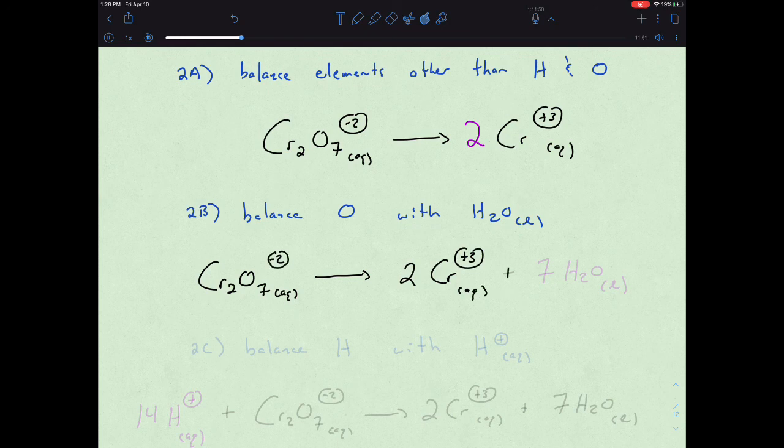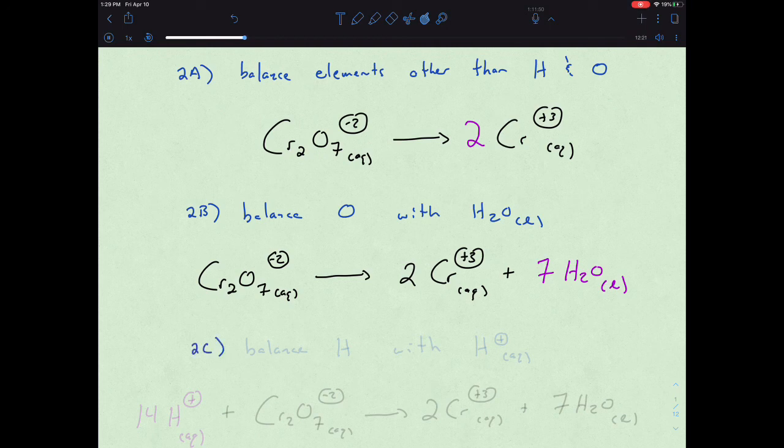So there are 7 oxygens on the left with the dichromate. So I need to add 7 H2Os to that product side. So that's the second step, or part B.